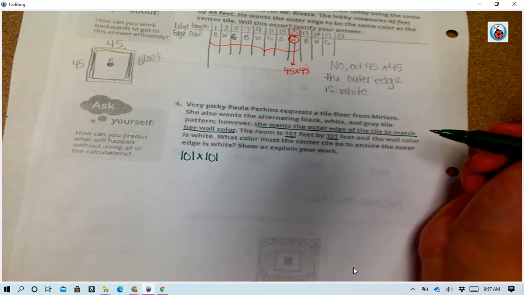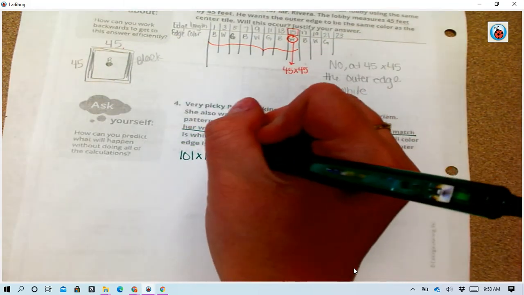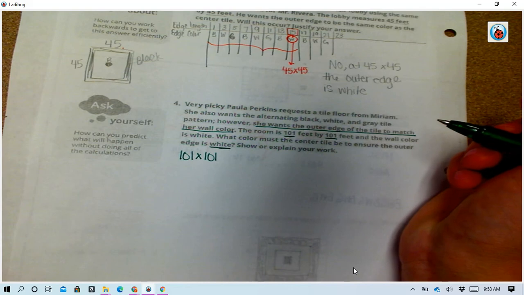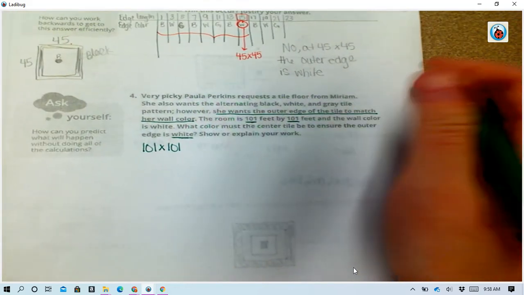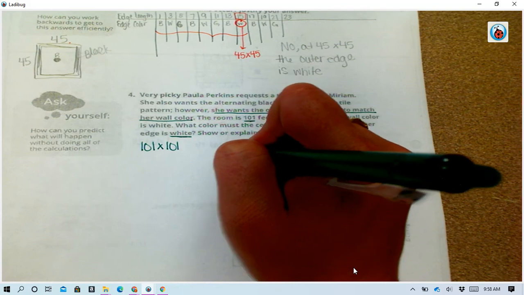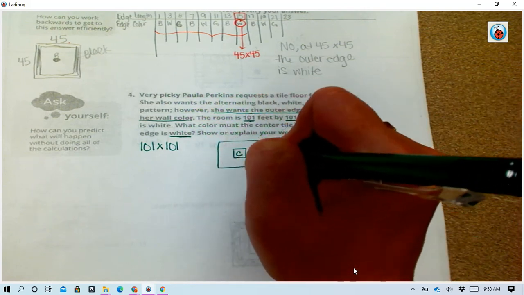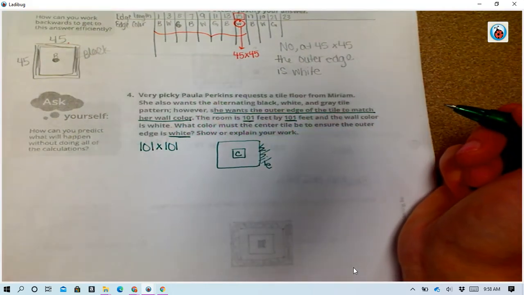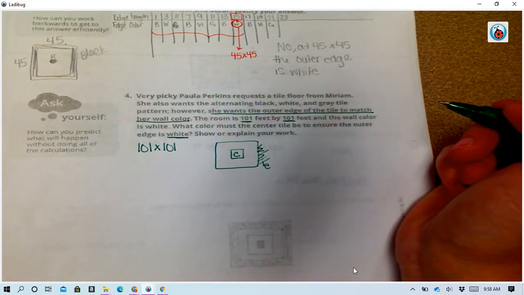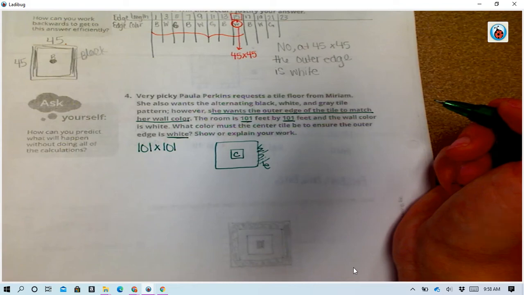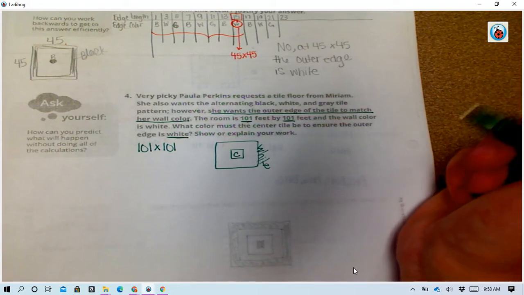And I think it tells you that her wall color is white. So take a second, see if you can figure out what color that center tile needs to be if she wants this outer edge to be white. Okay, and I went backwards.